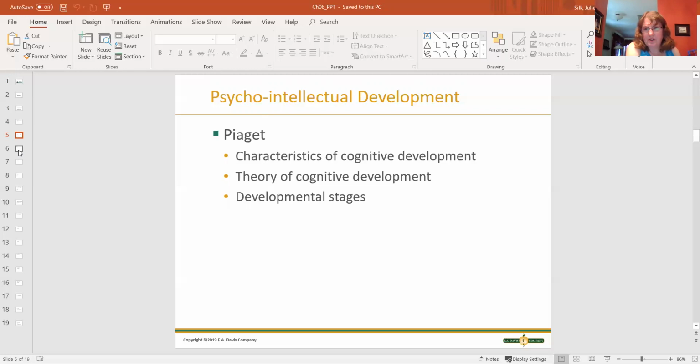Then you go from the sensorimotor stage to the pre-operational stage. This is between 2 and 7 years old. This is where you start to apply language and use symbols to represent objects. You can think about things and events that are not immediately present.